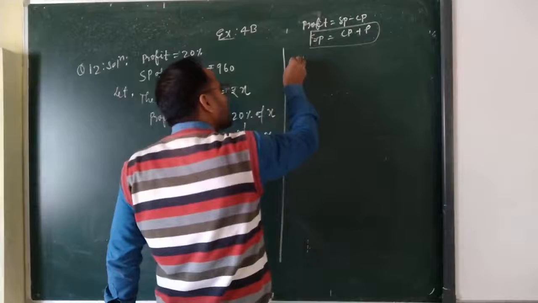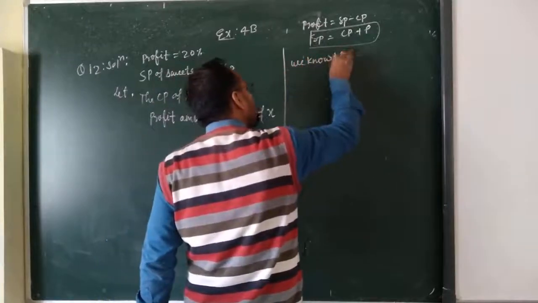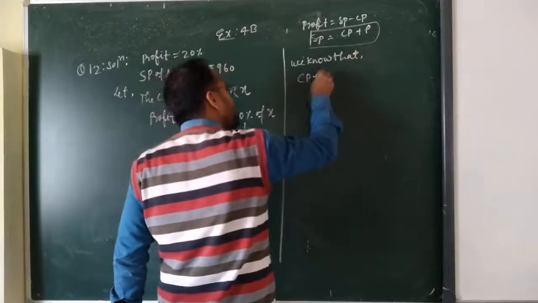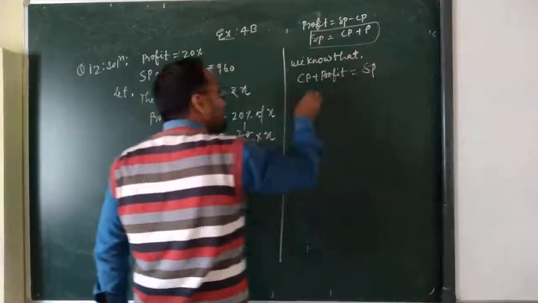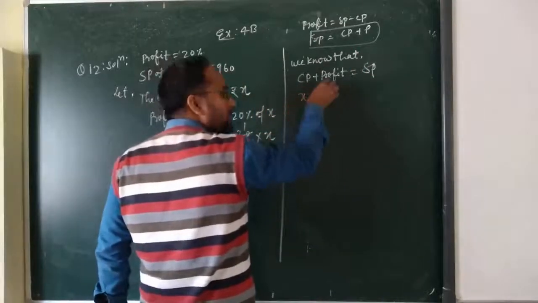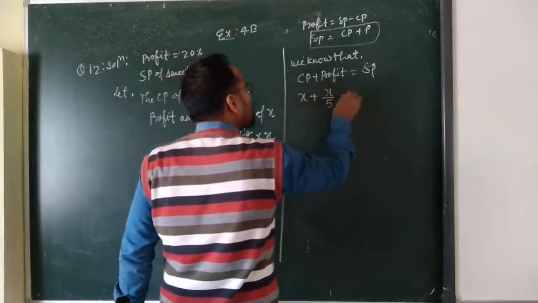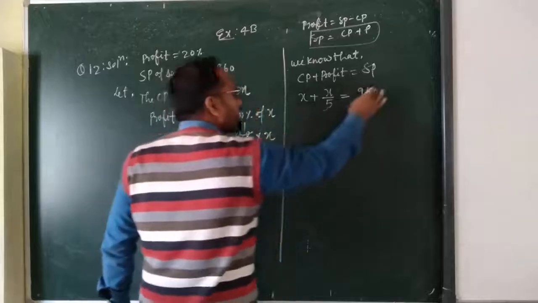We know that cost price plus profit is equal to selling price. So here the cost price is X and profit is X upon 5, which is equal to the selling price, 960.